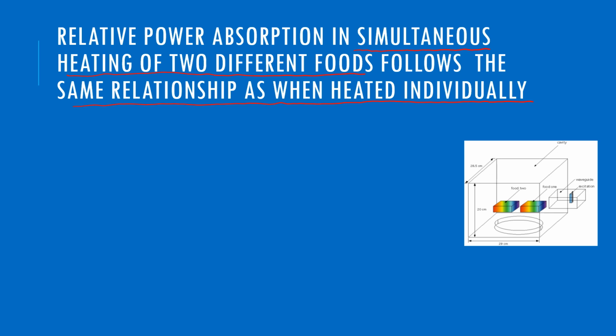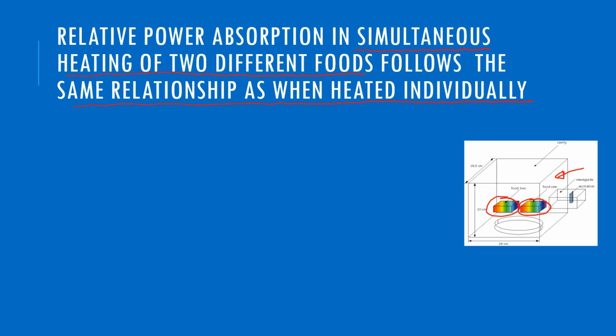So here we would solve the full electromagnetics for heating in a microwave oven with two food loads. So we're going to solve for electric fields in the oven and inside the food.